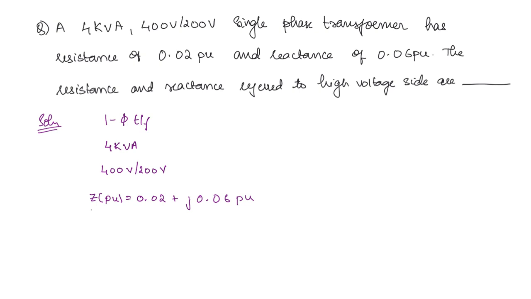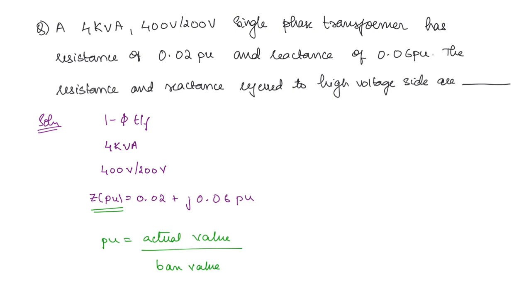Now the per unit value is equal to the actual value divided by the base value. For a transformer, you have different base values on either side. For the primary side we have a different base value, on the secondary side we have a different base value, okay. So the per unit value is equal whether it is referred to the primary or the secondary side.